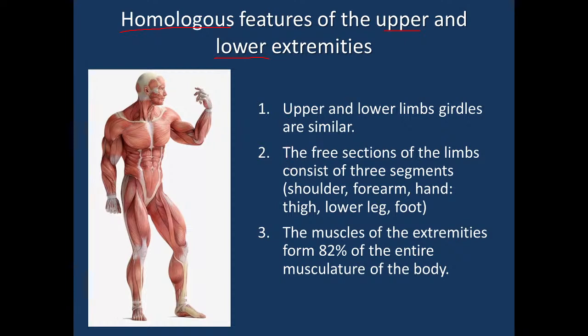Upper and lower limbs, girdles. The central or proximal parts of the limbs are similar. Upper limb and lower limb have a free section with three segments.